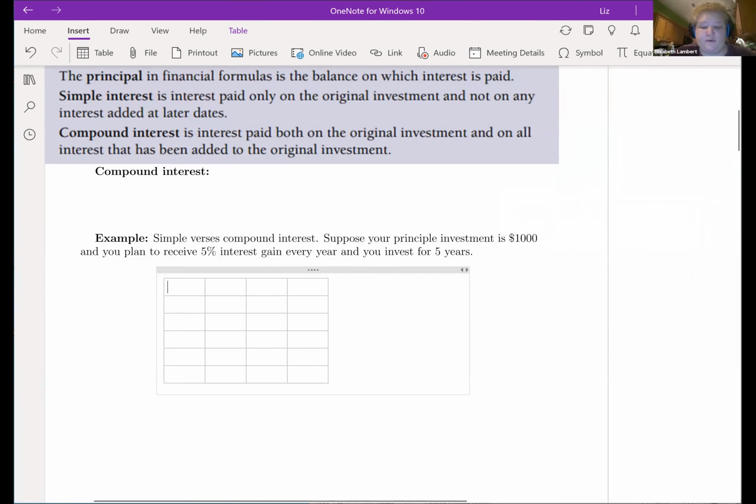Okay. So we have a principal, or the initial investment. This is going to be what's in the account at the start of every year. And then we have the simple interest we're going to calculate.